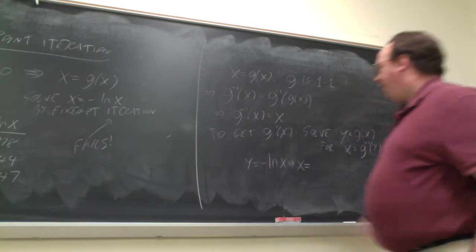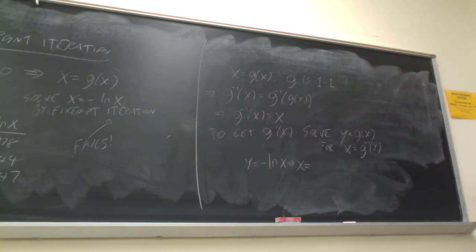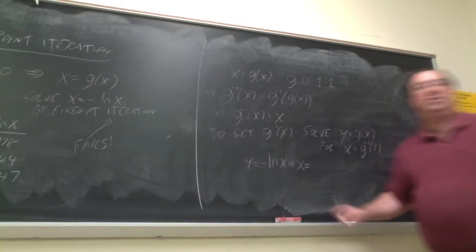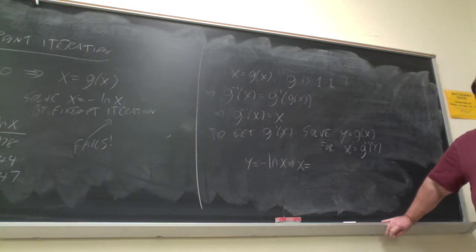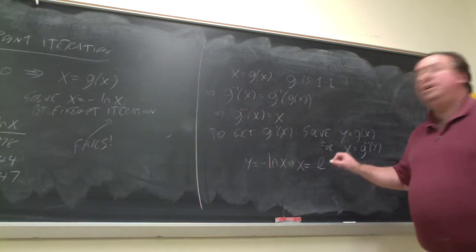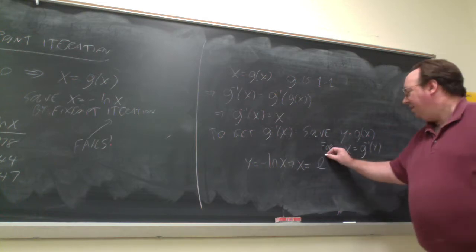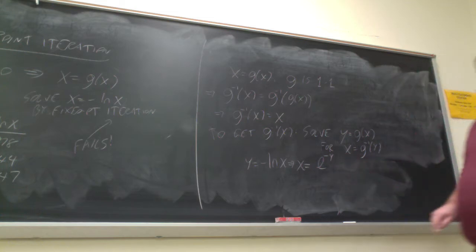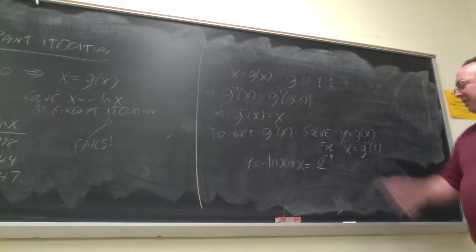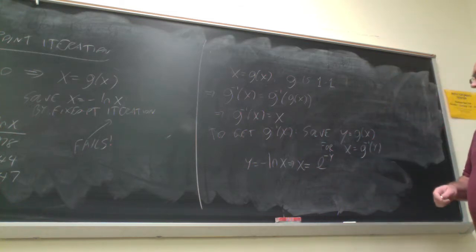So who could tell me what x is equal to? If you take this equation and isolate x. You said e to the exponent, minus y. Yeah, because you move a minus over to the other side, exponentiate both sides, there you have it.